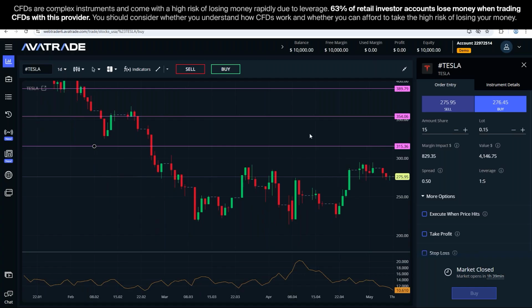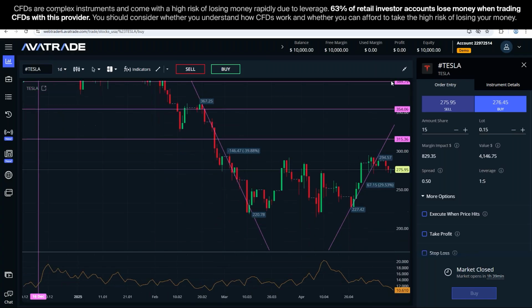Okay, so if we're looking at Tesla, we're looking at the days. It seems like Tesla is very, very dynamic, which climbed, let's see, place a trend line here. So this is 29%, and this is 40%, just insane.